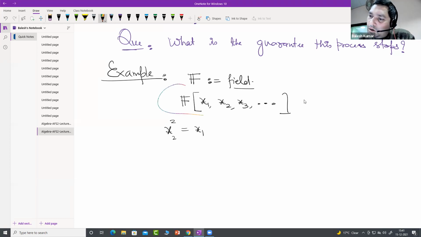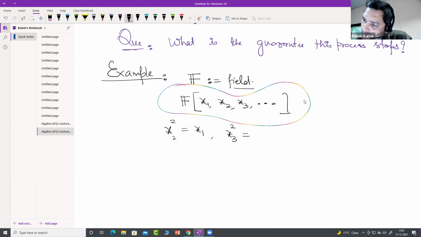The relation among all these elements is that there is a square root of x1, and then there is a fourth root of x1, so x3 squared is equal to x2. That means this polynomial ring contains all the 2^k-th roots of x1. Similarly, x4 squared is x3, and so on. So they are related like this.